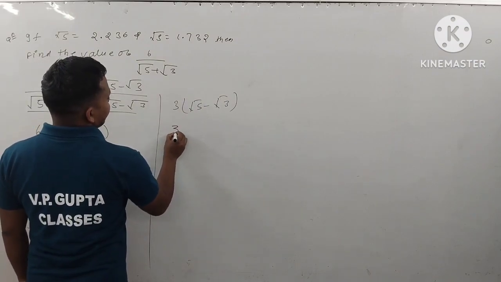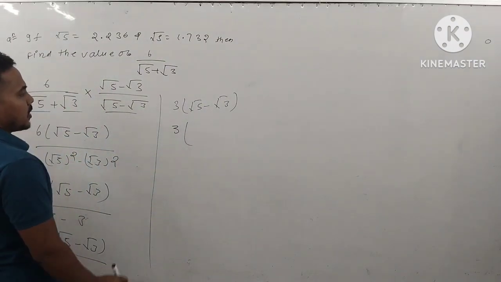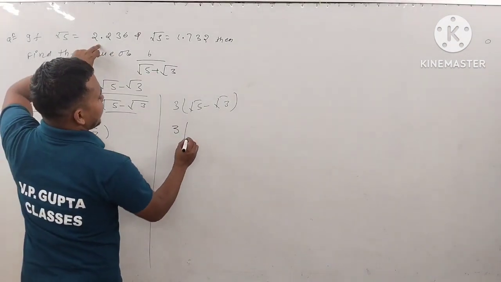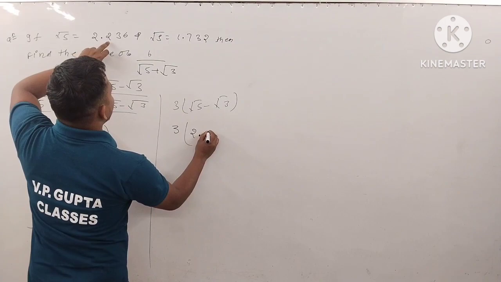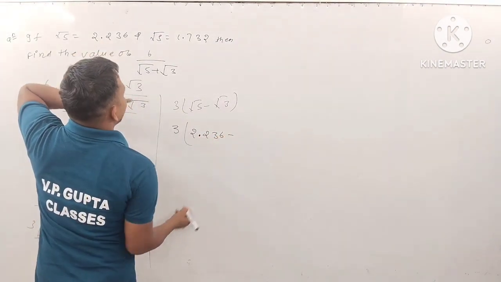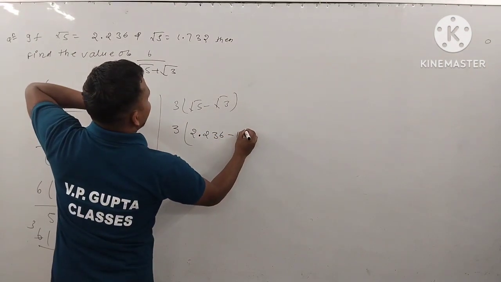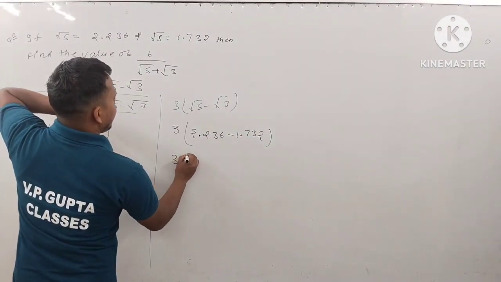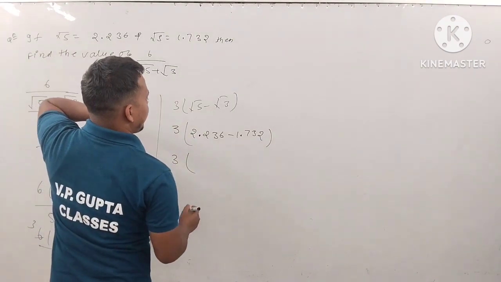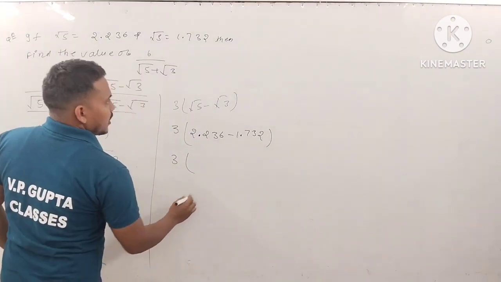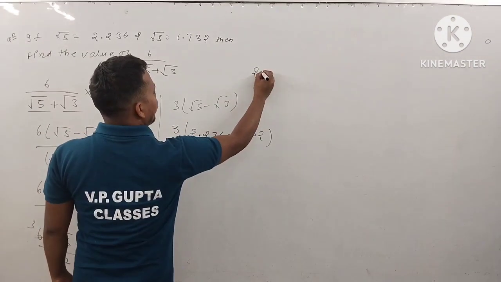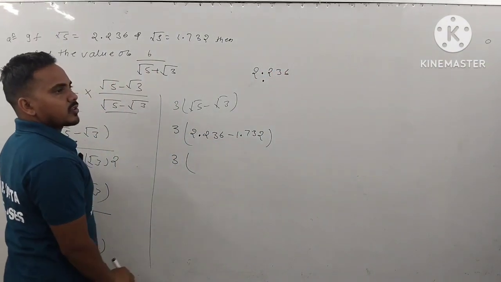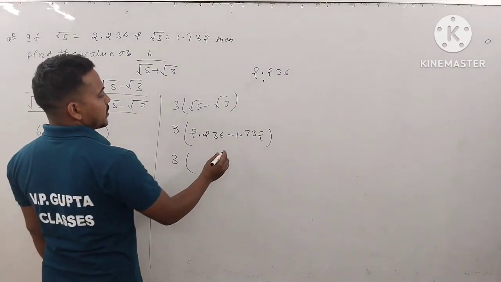First of all, 3 into under root 5. In the place of under root 5, we can write 2.236 minus 1.732. Okay, now 3 into, we subtract these two values. This is the way of subtracting decimal numbers.